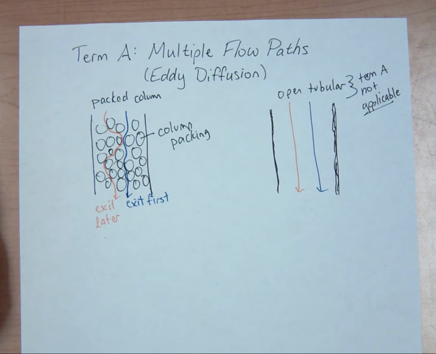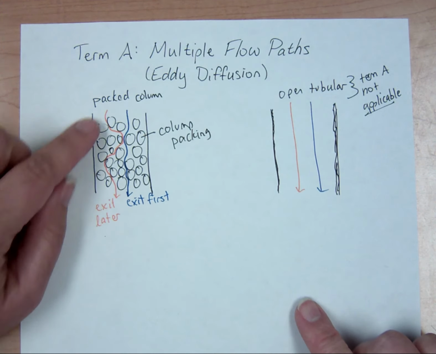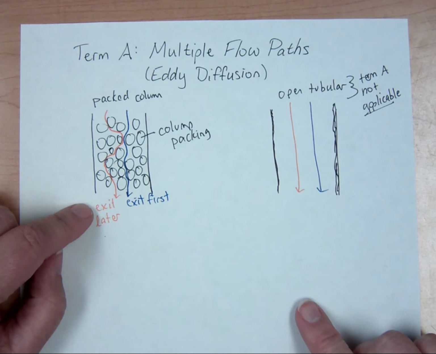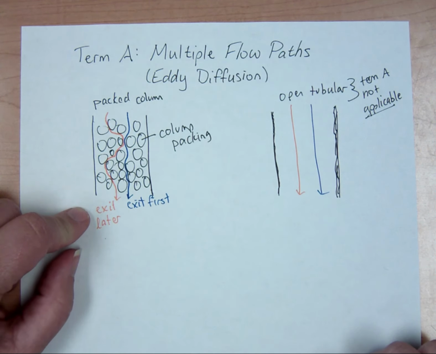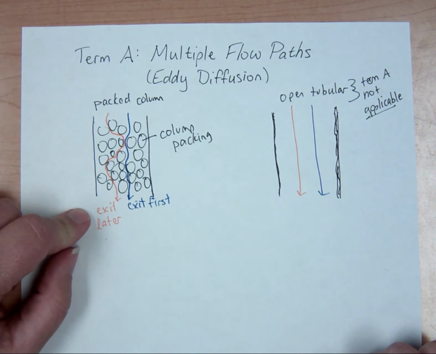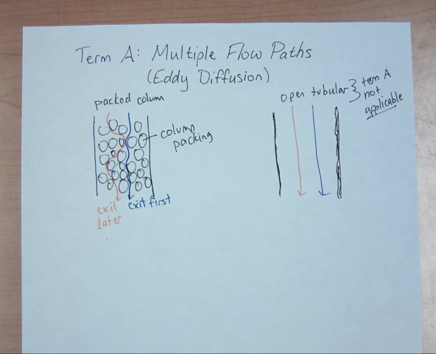Now, what happens if we increase the rate of the mobile phase? Instead of moving at one rate, we're just going to go really fast through here. Is this going to actually change the different distances that the analyte will travel? Well, no, it'll just move faster through them. We can think of this like a corn maze, right?